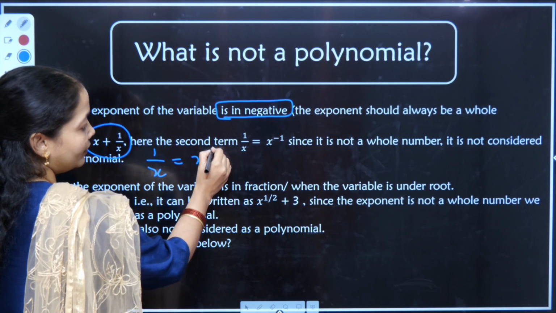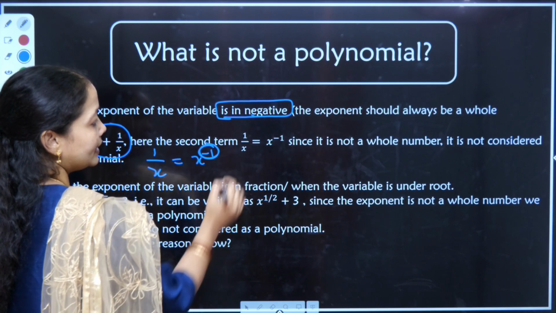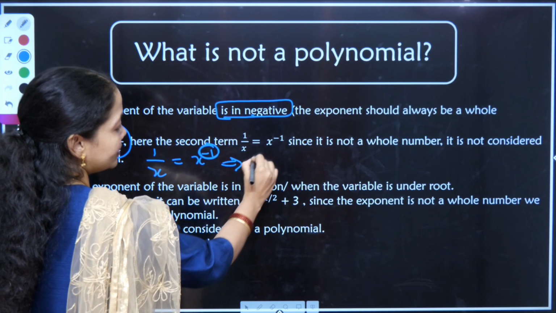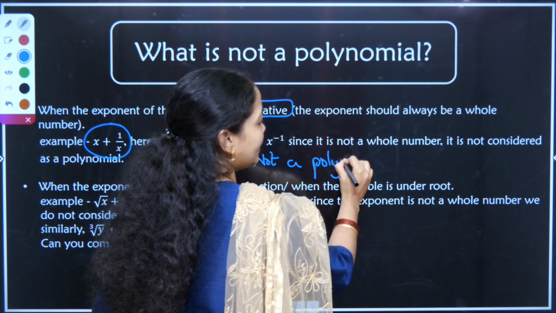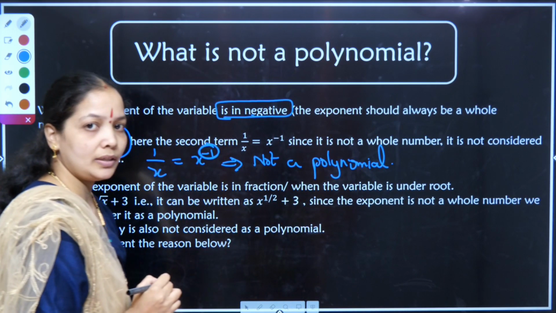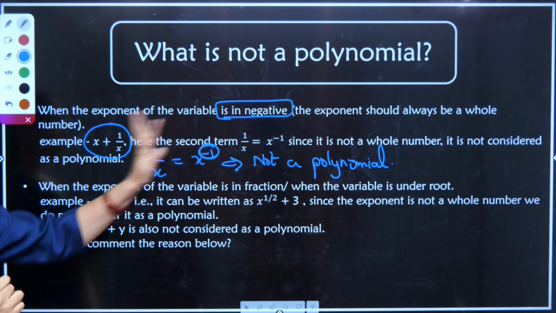So if the power or the exponent of the variable here is negative, then I don't consider this a polynomial. I will say it is not a polynomial. So what is the first criterion? The power of any variable should not be negative.